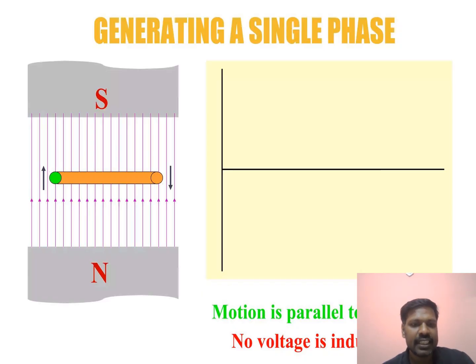Imagine a single conductor rotating in a magnetic field between the North Pole and South Pole. When the motion of the conductor is parallel to the magnetic flux, no flux is cut and therefore no voltage is induced. As the conductor rotates, it makes an angle with the flux, and the induced voltage increases.